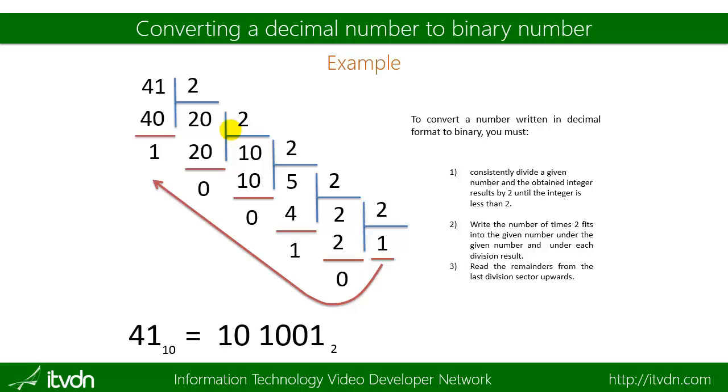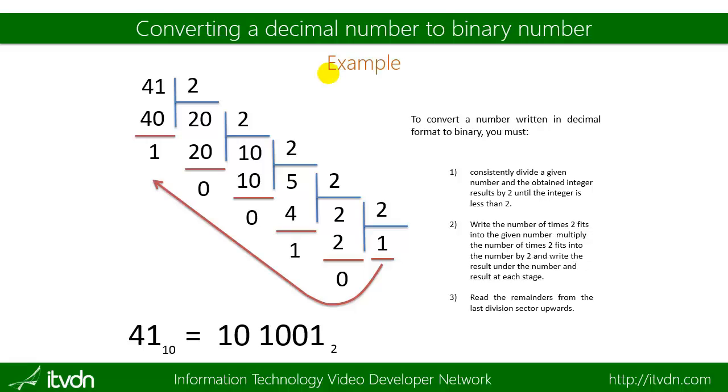How many times can we fit 2 into 20? 10 times. We write our 10. And 10 times 2 is 20. 20 minus 20 is 0. We don't have any remainder here, but we write 0. Now we think of the number of times we can fit 2 into 10. We have 5 times.